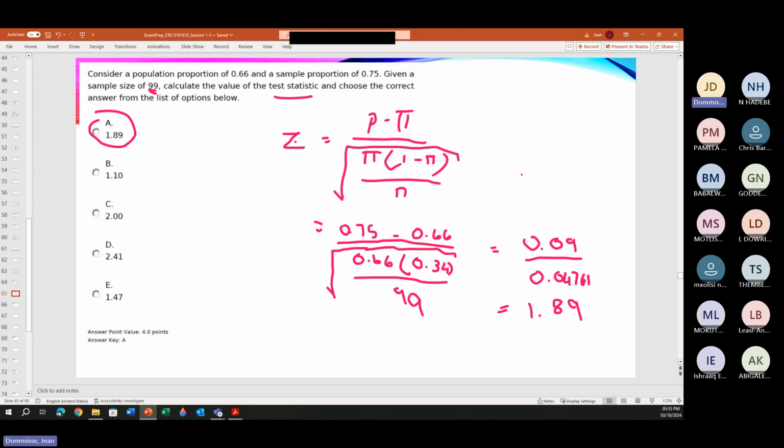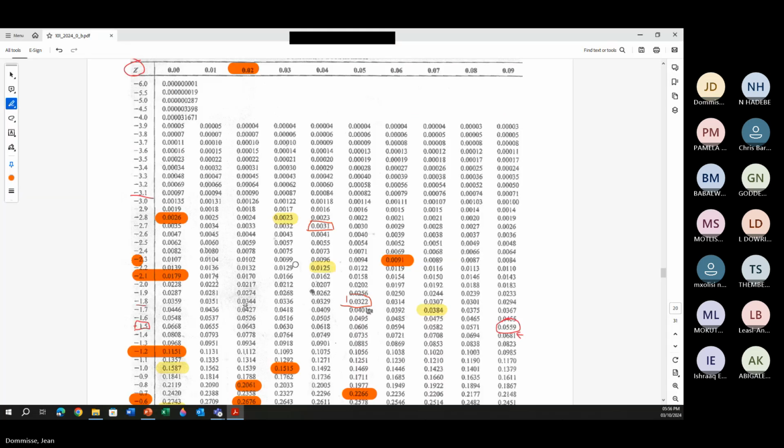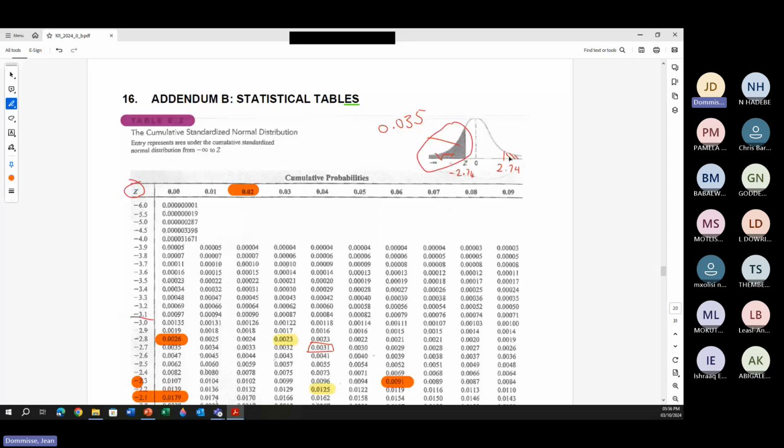So even though they didn't ask us now to work out the probability, if they asked us to work out the probability of z bigger than 1,89, let's say bigger or equal to, it would be that component. So let's go to the z table. We know that if I'm looking for that component, I can also use the negative.